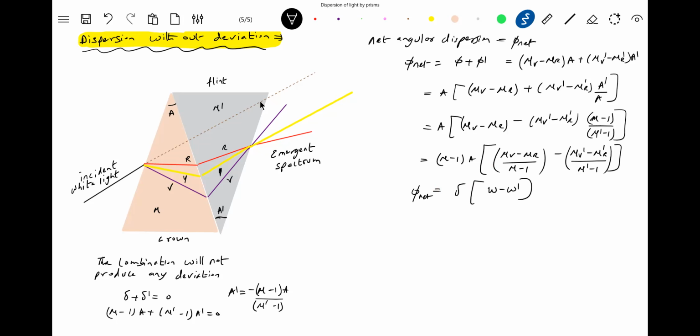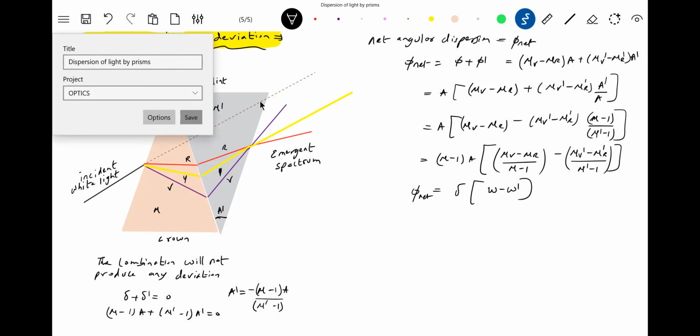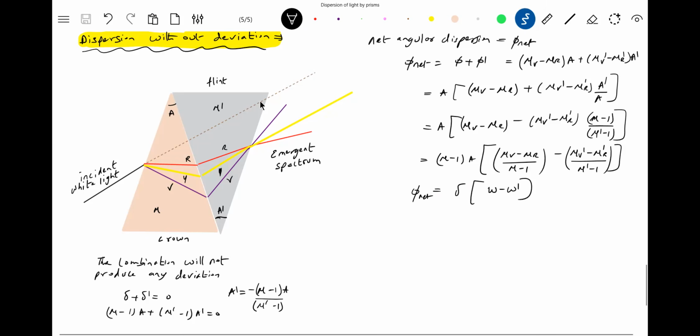Okay, so these are some theoretical ideas: dispersion without deviation, deviation without dispersion. Whatever omega, omega dash, they are the dispersive powers for these prisms.